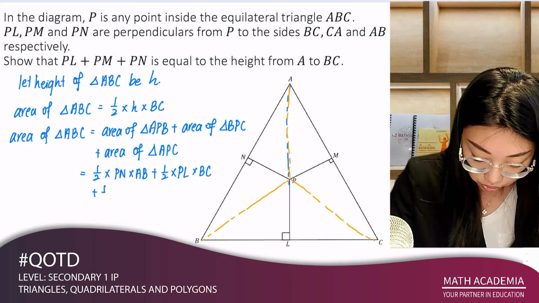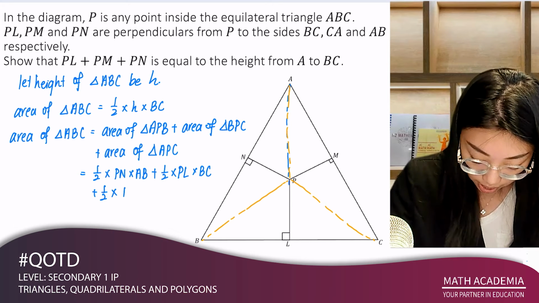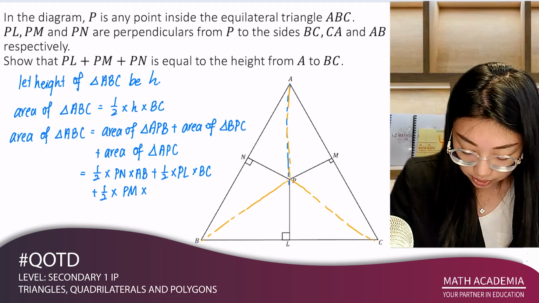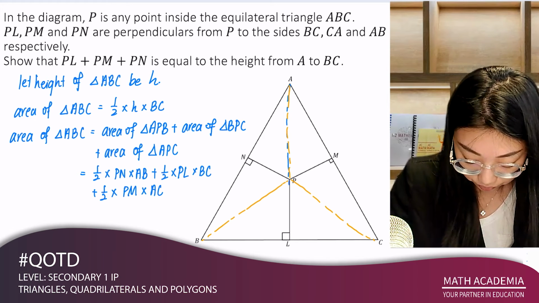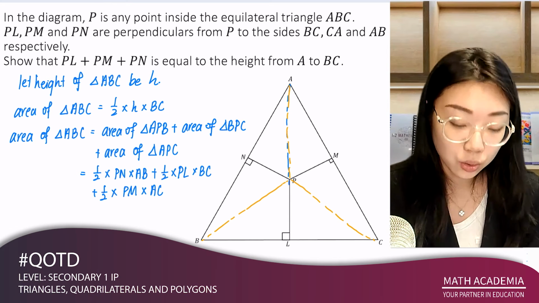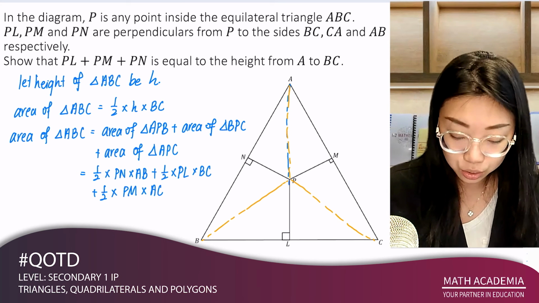And the area of triangle APC would be half times PM times AC.